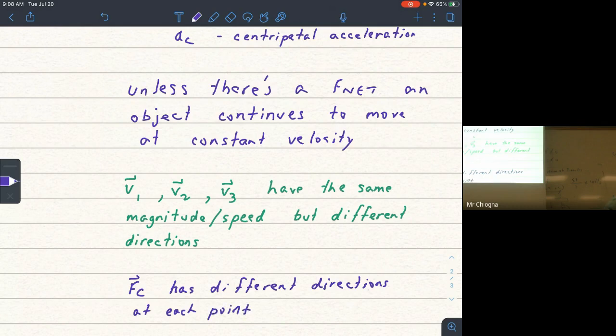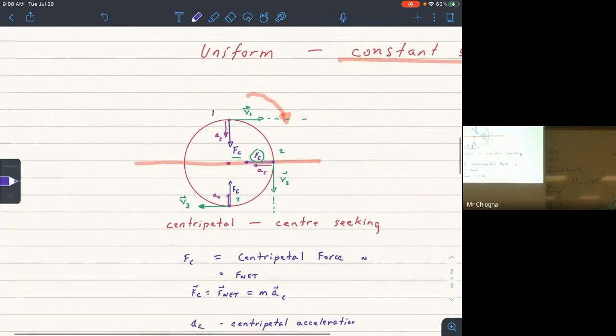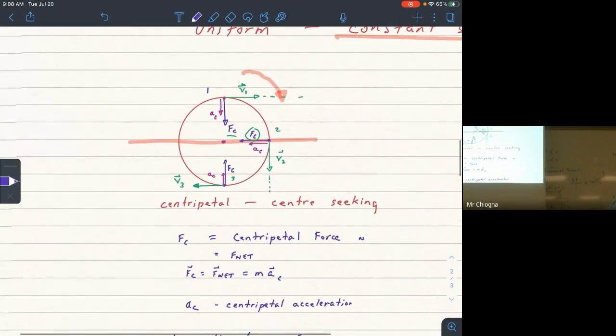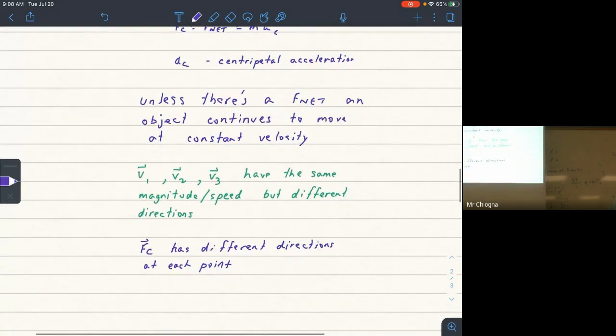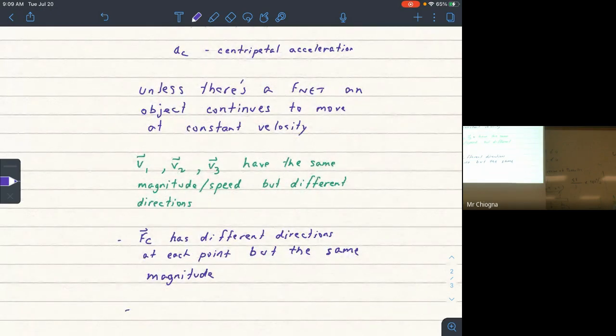Yes, it's always pointed towards the center, but at the top, FC is pointed down. At position 2, it's pointed to the left. At position 3, it's pointed up. So it has different directions at each point, but the same magnitude. Constant magnitude. The same thing applies to the centripetal acceleration, AC.